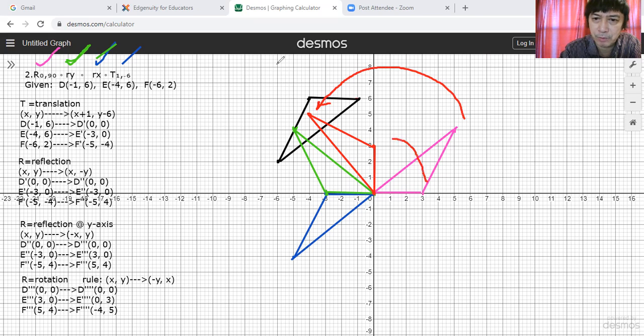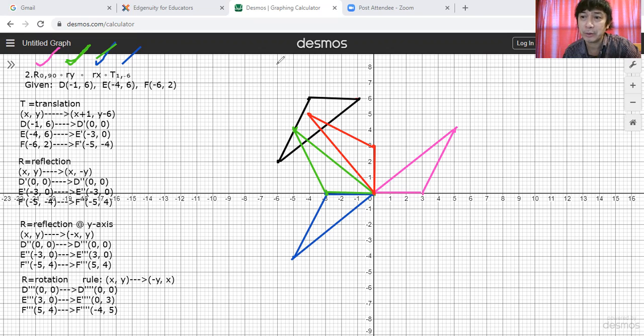This point went there. And the origin, of course, remains at the origin position. So that goes to show you the 90 degrees counterclockwise. Let me remove the arrows, and that's it. The final output is the red colored triangle.